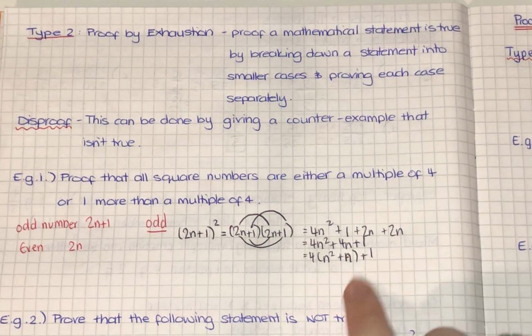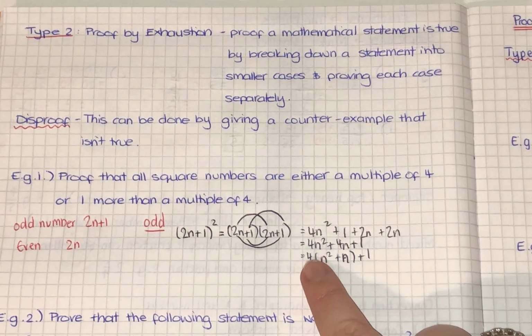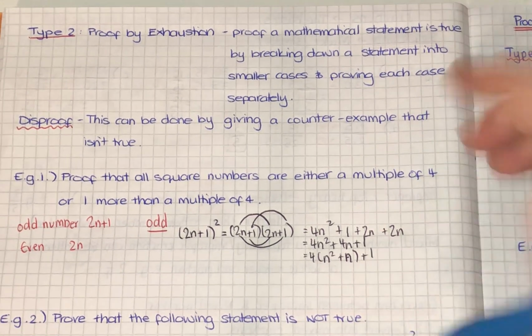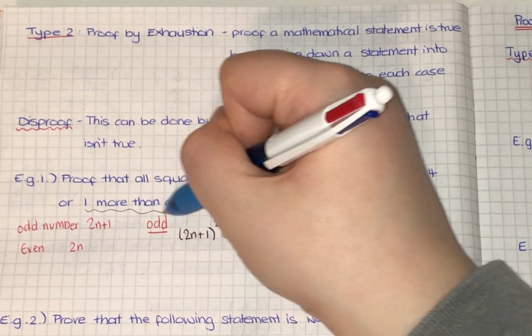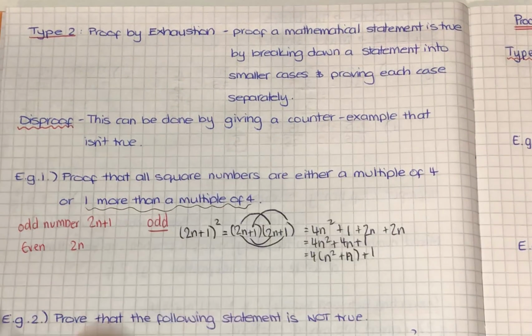So this is telling me that whatever n is, doesn't matter what it is, it's a multiple of 4 because we've got the 4 at the front, and then it's one more because we've added 1 after, okay? So our odd one is this part here. It's a multiple of 4 plus 1.